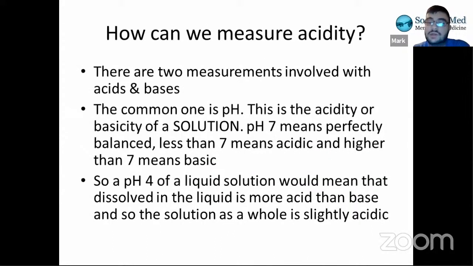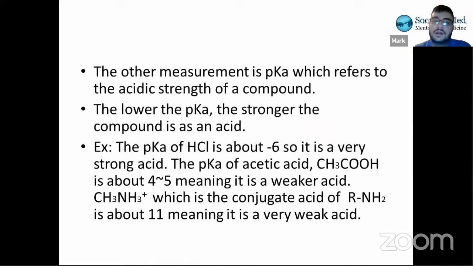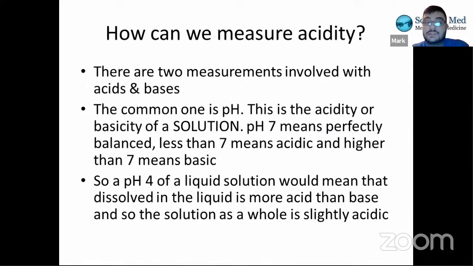So again, a pH 4 liquid may have both acid and base, just more acid than base. So that's why it's overall more acidic, or has a higher concentration of acid than base. And essentially pH is a measure of the concentration of H+, right? That's what the H in the pH stands for. So if you have a lot of H+, it goes down close to 0.